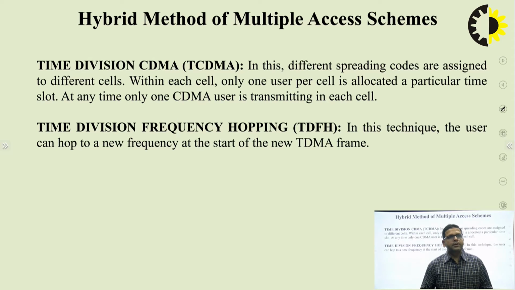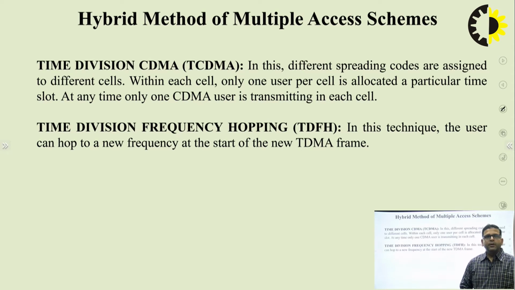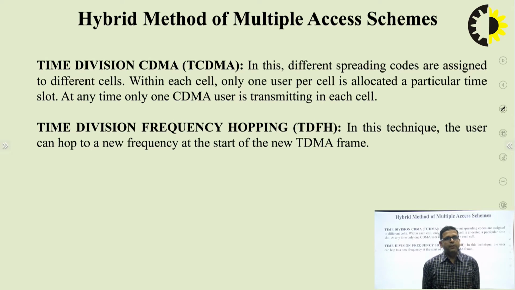Next is the time division code division multiple access technique. In this, different spreading codes are assigned to different cells. Within each cell, only one user per cell is allocated a particular time slot. At any time, only one CDMA user is transmitting in each cell.